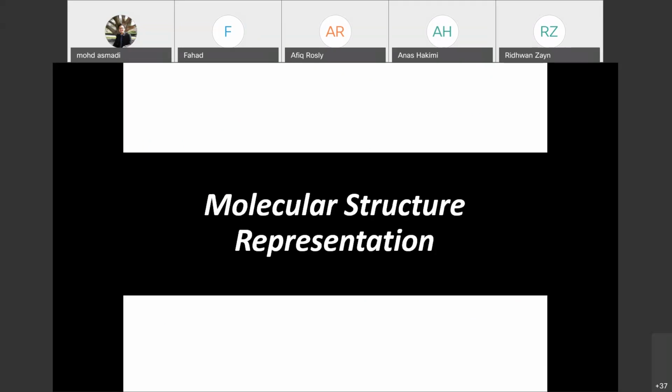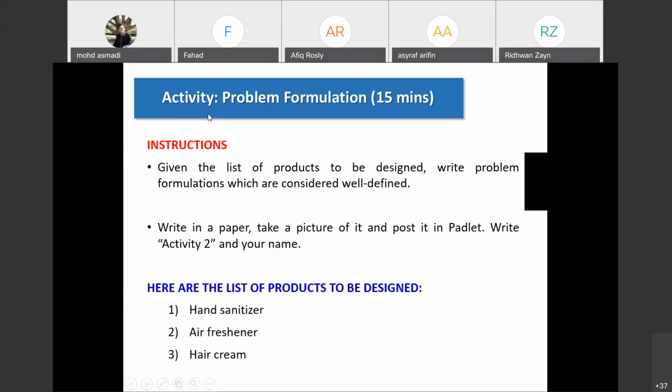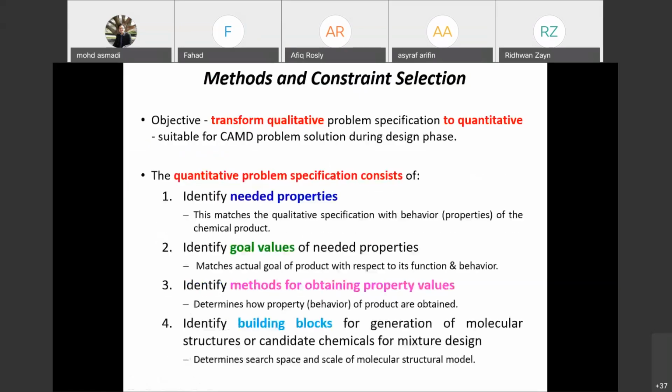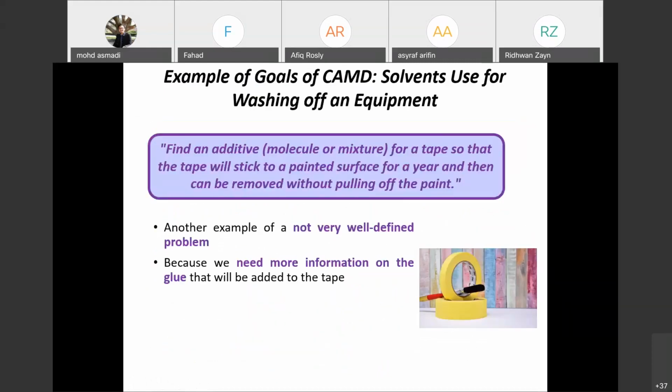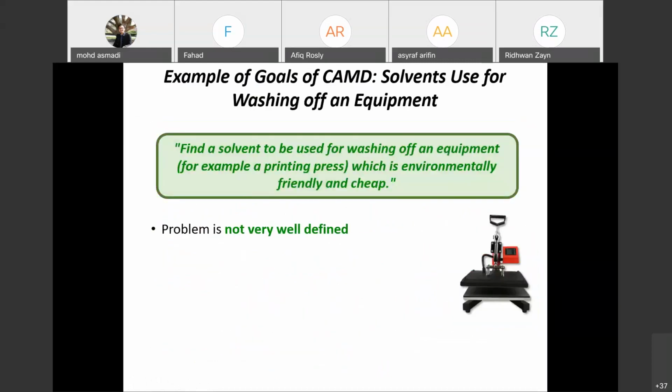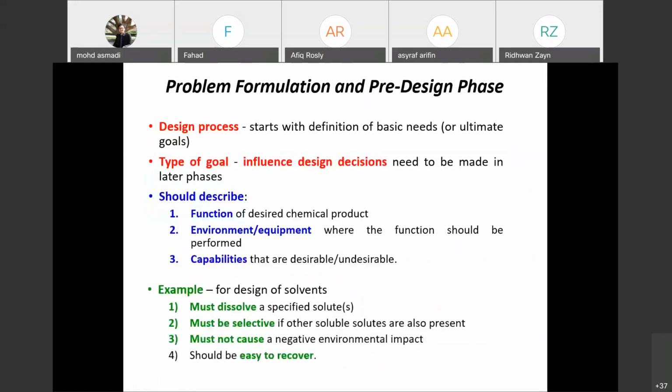Sir, I have a question. How do we convert the problem design from qualitative to quantitative? Qualitative is your goal. Quantitative is like this one: it can evaporate at 25 degrees C, right? That is the properties. That one is quantitative. Should be recoverable, that one is quantitative.